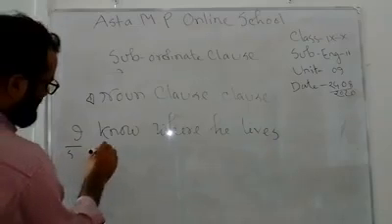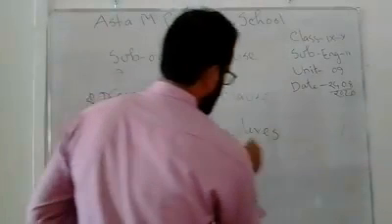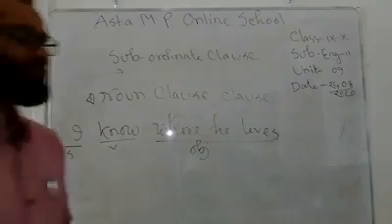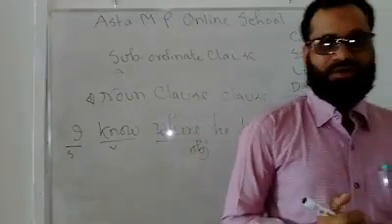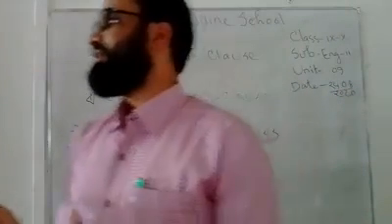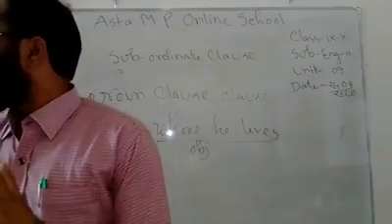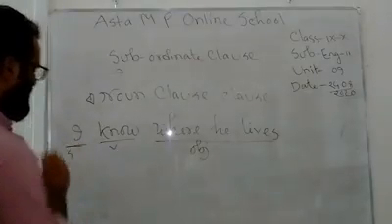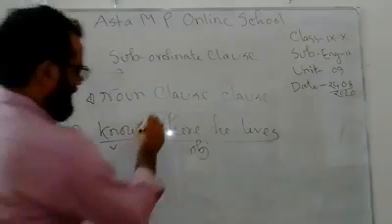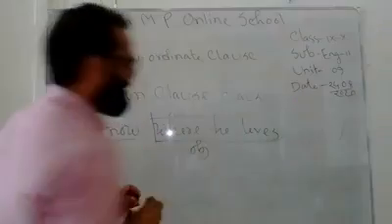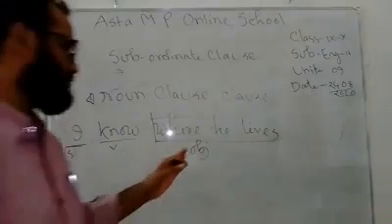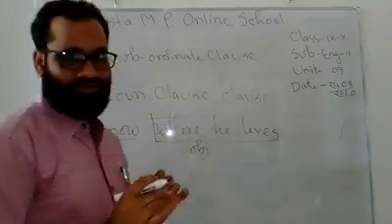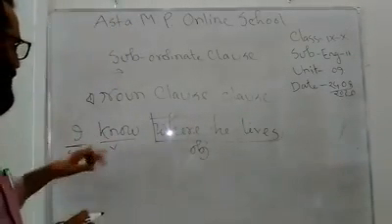I is the subject, know is the verb, and object. Dear students, we know a noun or a pronoun can be used as the object of a transitive verb, and we see in the example that I is the subject, know is the verb, and where he lives is the object. As this clause is used as object, it is functioning as a noun. So it is a noun clause. I know where he lives.